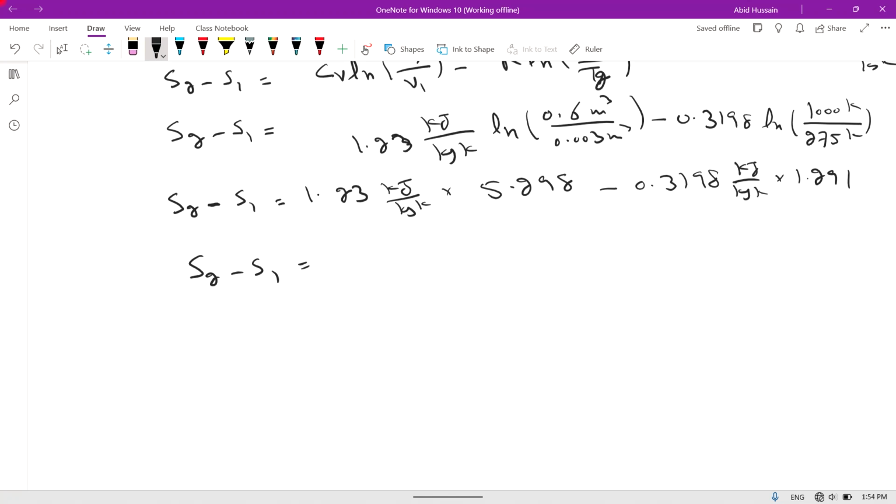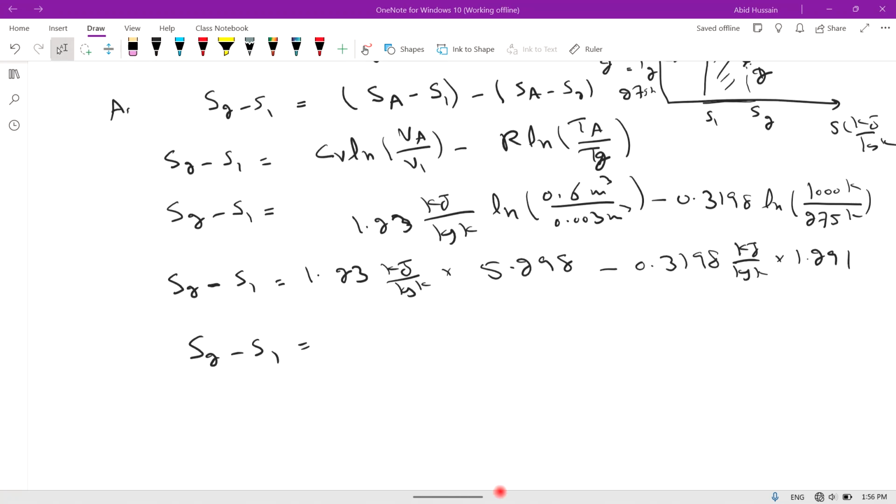First I am checking the values. Sorry, there is some error in the formula.